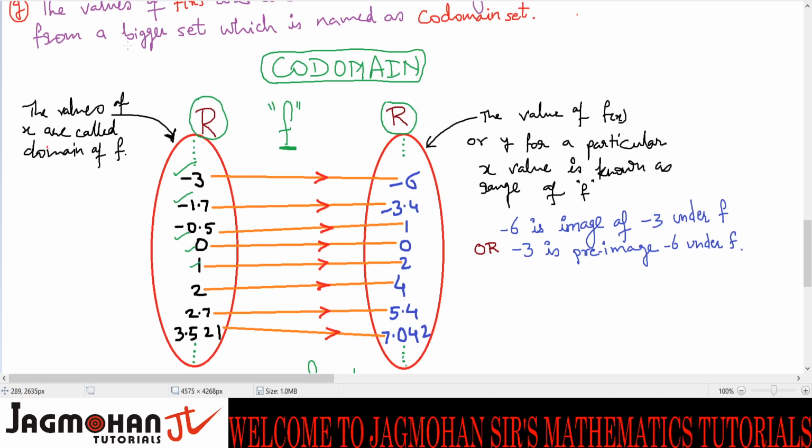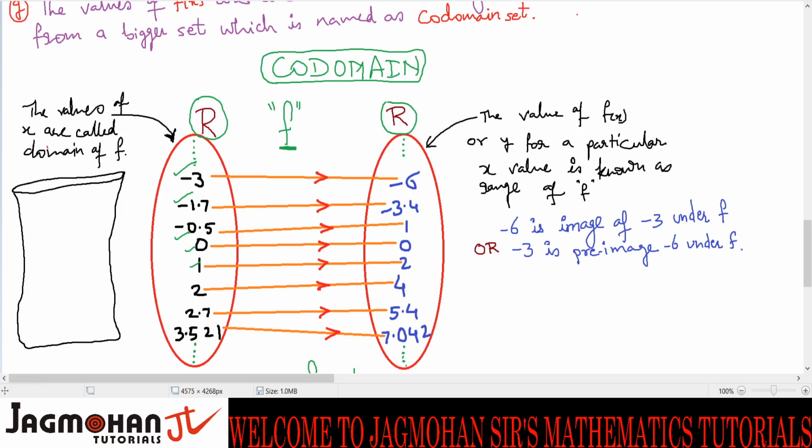So the answer for this is there already exists one big set. I will help you with the help of a picture. Think that there is a big sack of numbers, and in that you have infinite numbers.